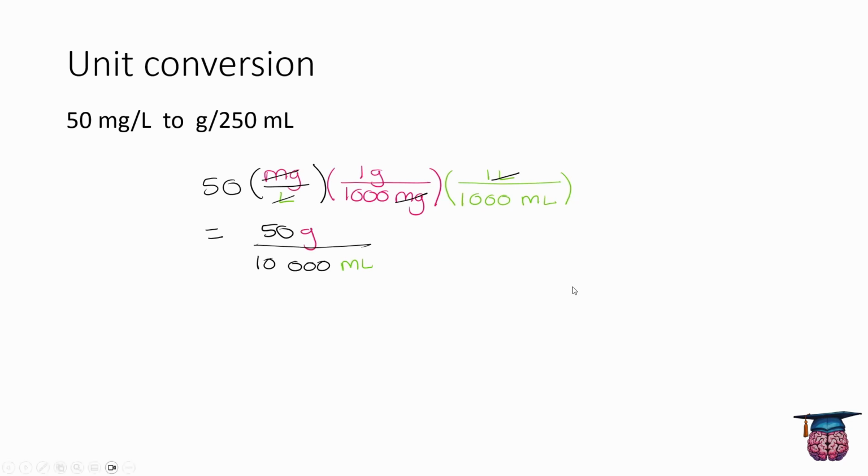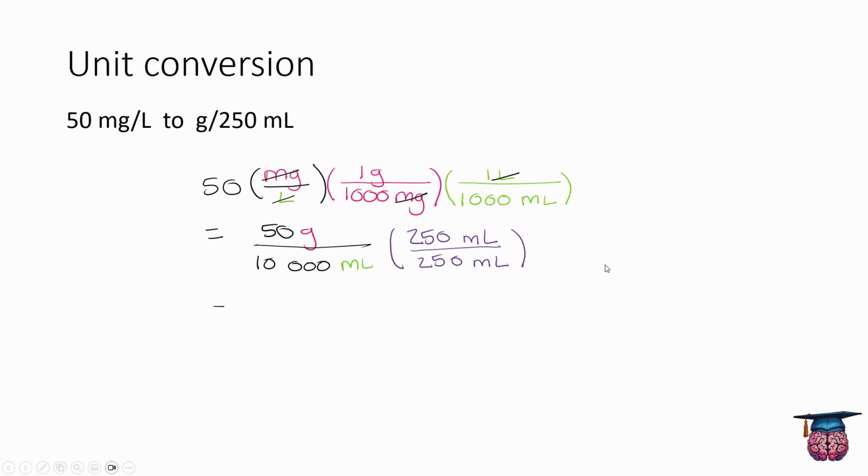Now, once again, we can say that this is multiplied by 1, and then we are not changing the value of this at all. But now we see that we have 10,000 milliliters, and we actually want 250 milliliters. So we can get to 250 milliliters simply by replacing this 1 with 250 milliliters divided by 250 milliliters.